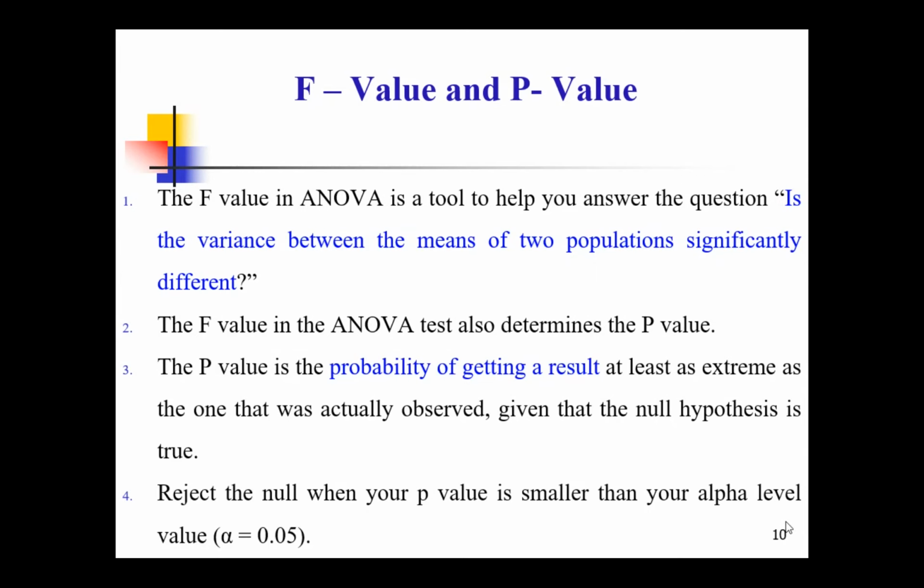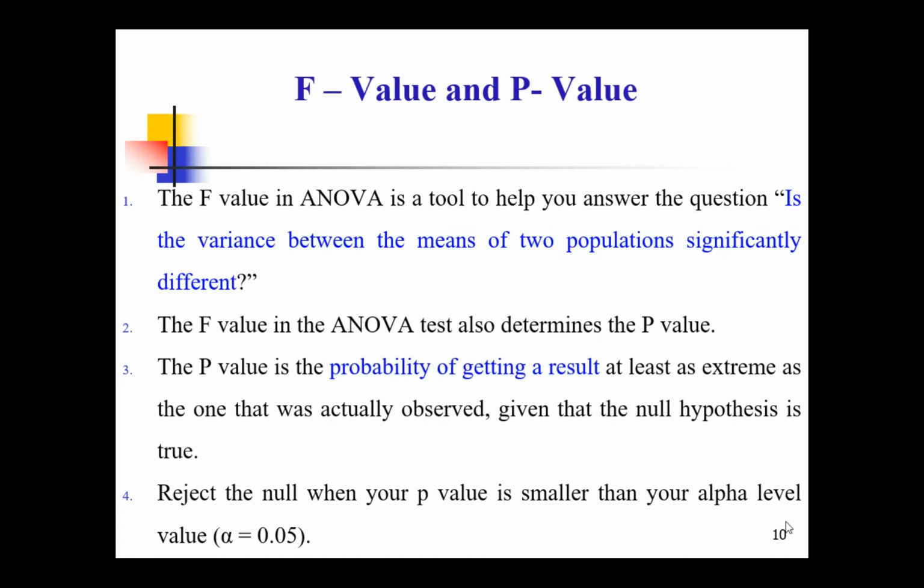In the null hypothesis, we are going to assume that there is no significant variance between the two independent variables. But with a P value less than the alpha value, since we are going to carry out with a 95% confidence interval, the alpha value is 0.05, that is 5%.